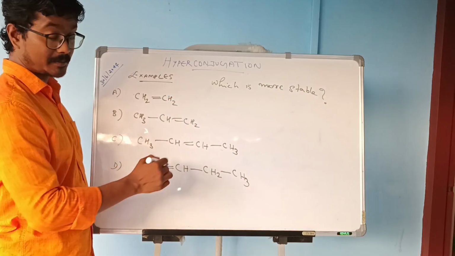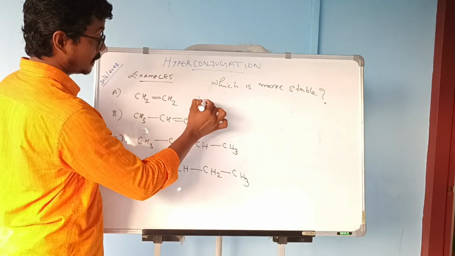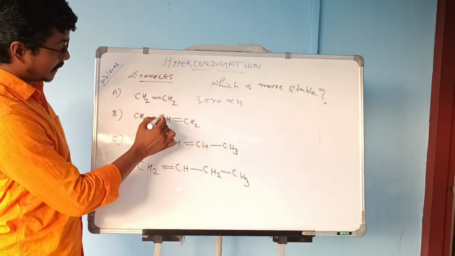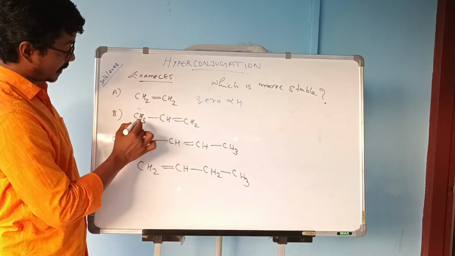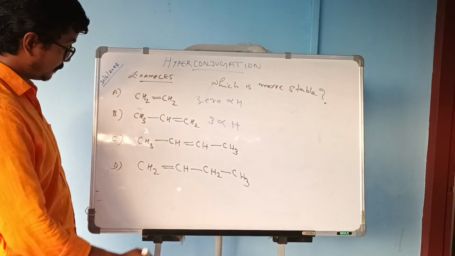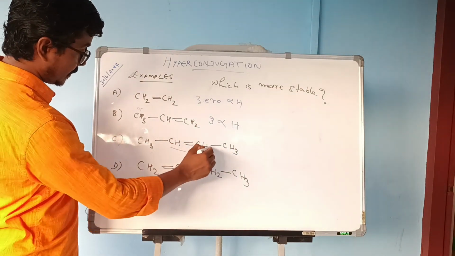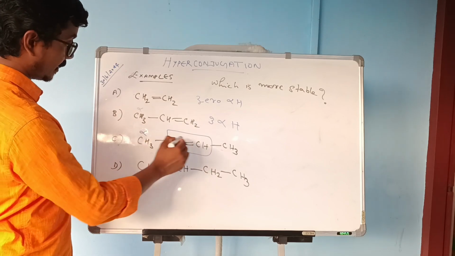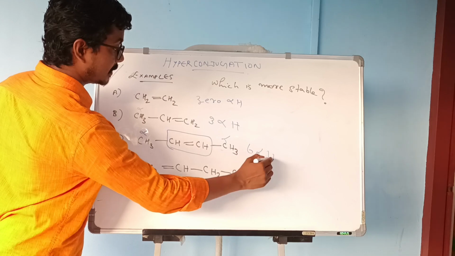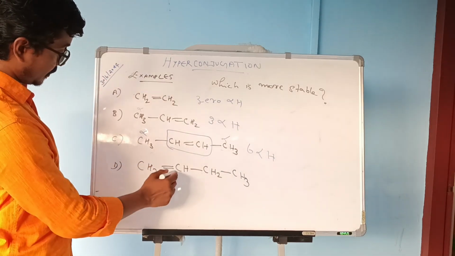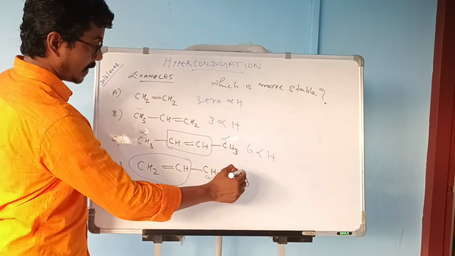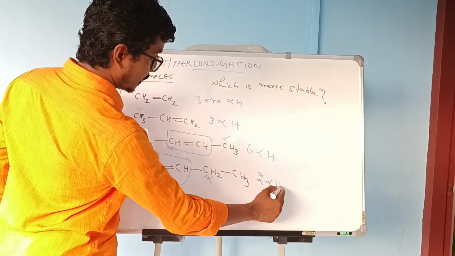How many alpha hydrogen atoms are there? 0 alpha hydrogen. In this case, this is the alpha carbon, so 3 alpha hydrogens are there. In this case, this is the functional group, and this is an alpha carbon and this is an alpha carbon. 3 plus 3, 6 alpha hydrogens are there. And this is the functional group, and this is the alpha carbon, and 2 alpha hydrogens are there.